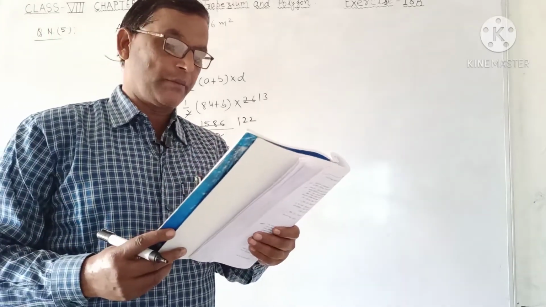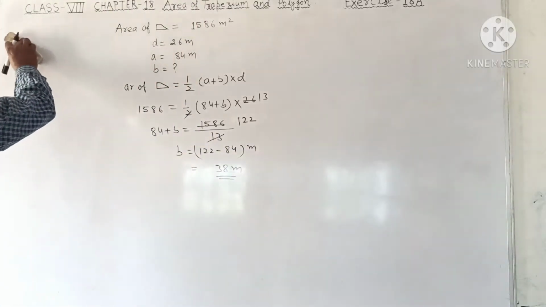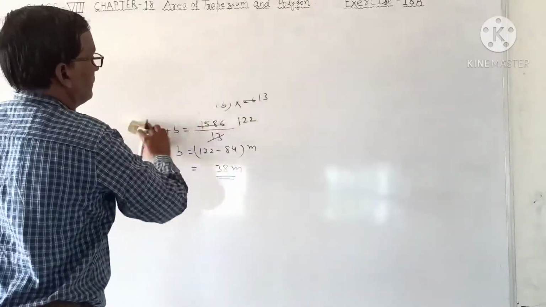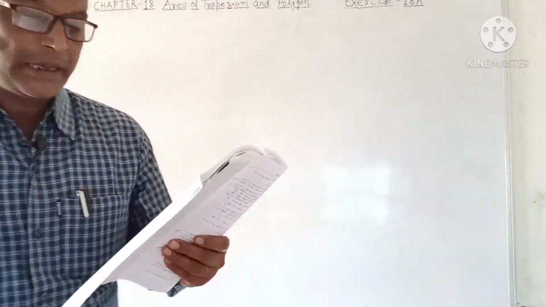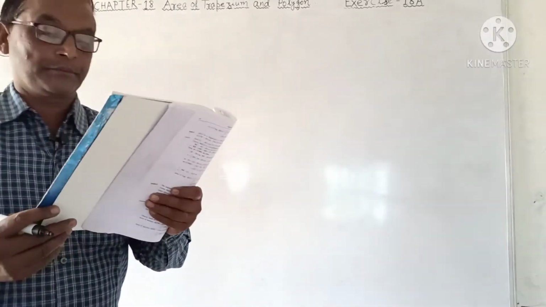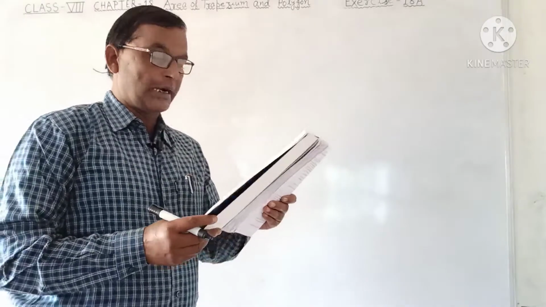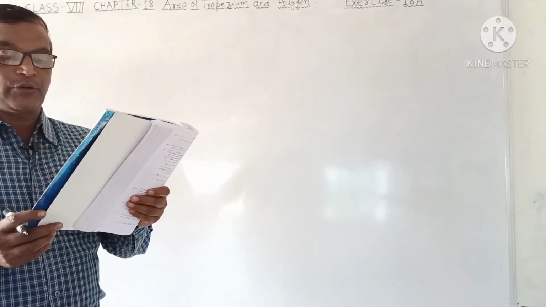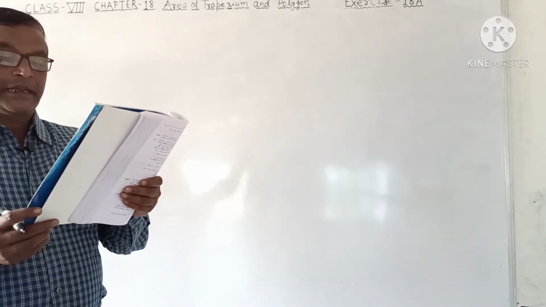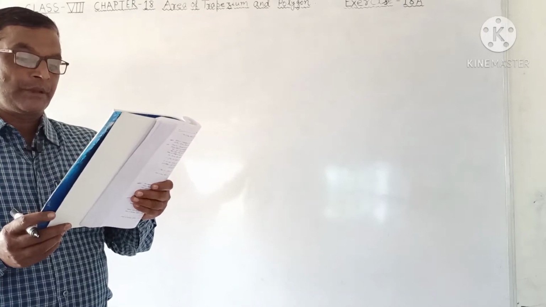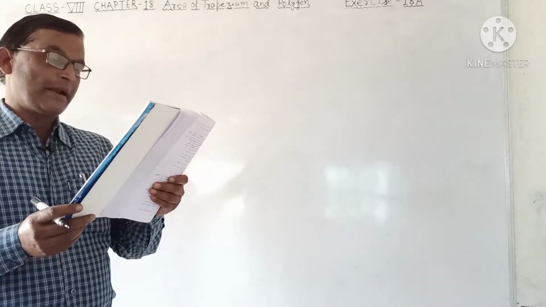Now look question number 10. In the given figure, ABCD is a trapezium in which AD is parallel to BC and angle ABC equal to 90 degree, AD equal to 16 centimeter, AC equal to 41 centimeter and BC equal to 40 centimeter. Find the area of trapezium.